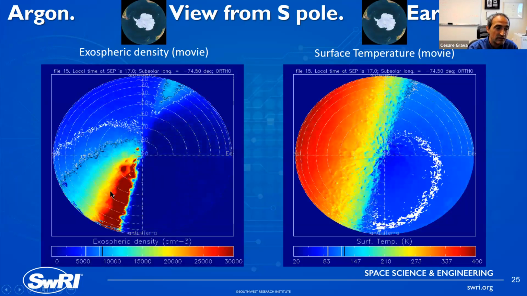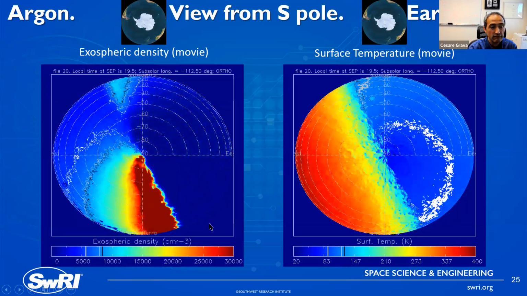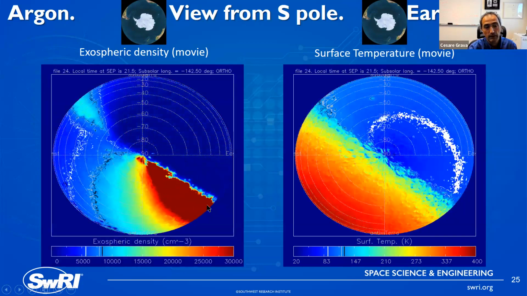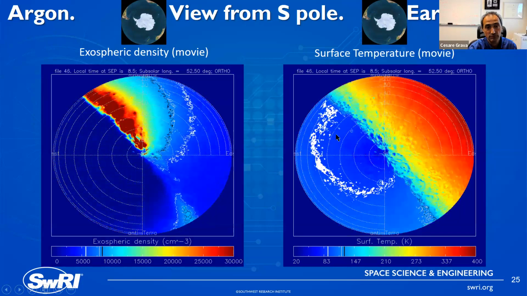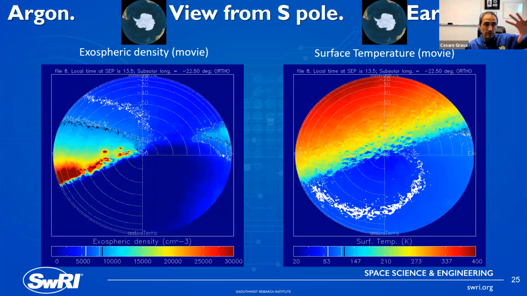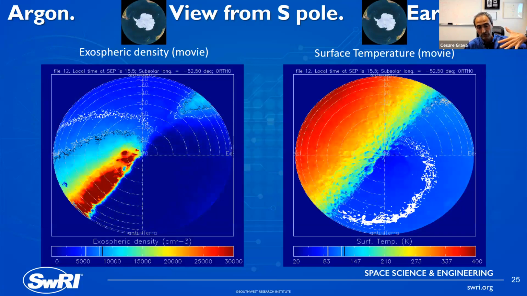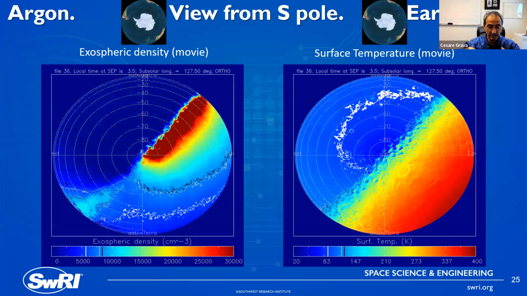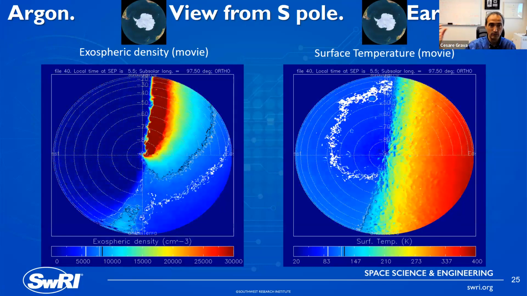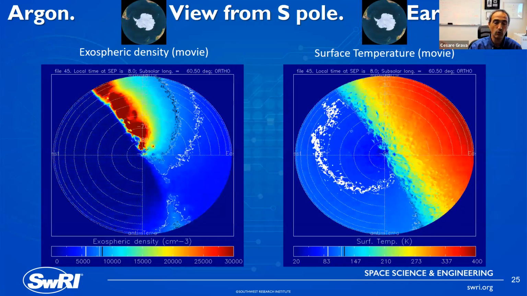So this is post-dawn. And again, very little variation with the topography. But you see a variation with the temperature. The dawn bulge is due to particles that are being released from the night side because the dawn is heating up the water reservoir, but also particles coming from the day side, which are moving away from the day side.